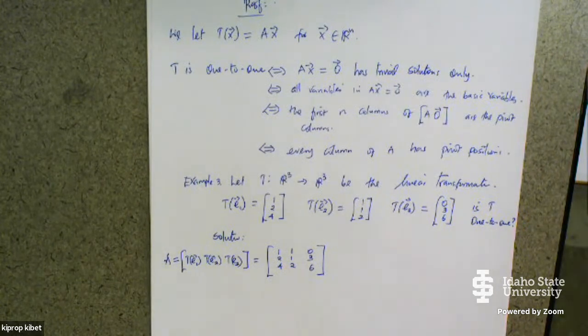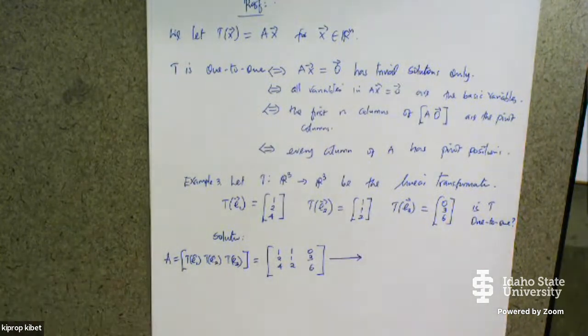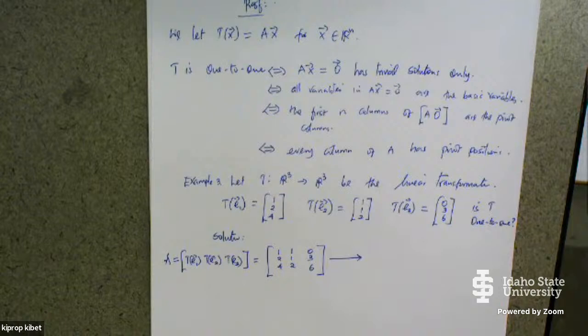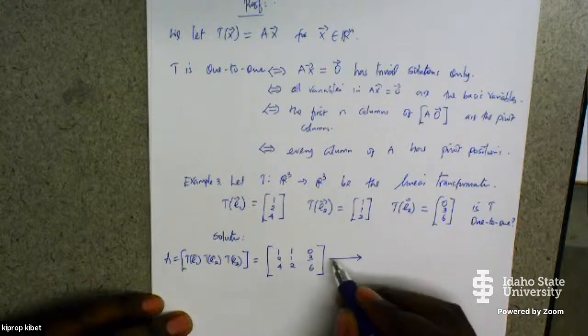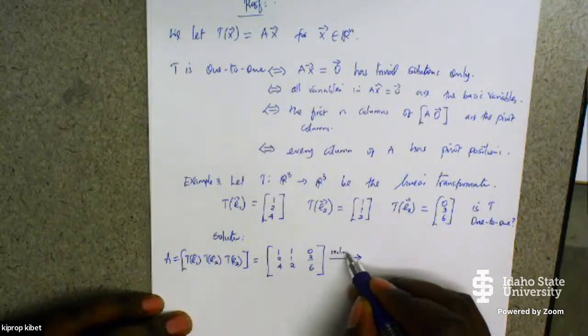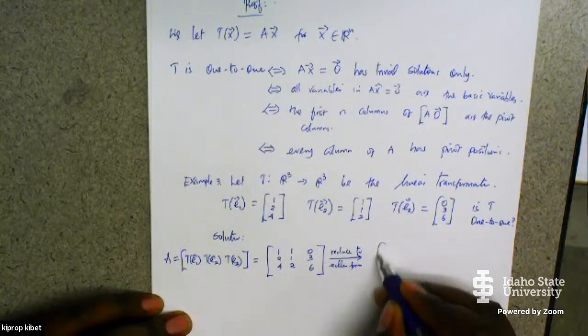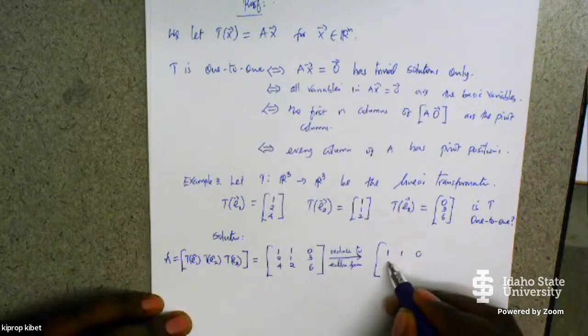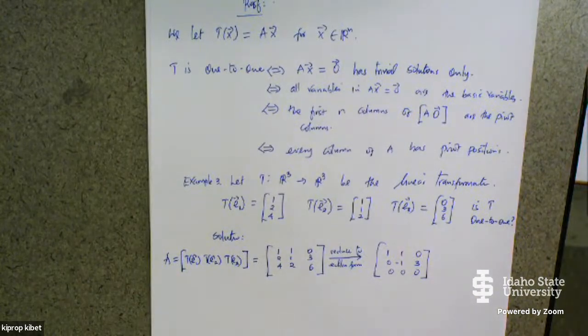And then we reduce this to see whether each of the columns will give us the pivot position. So when we reduce this to echelon form, what you get is 1, 1, 0, 0, negative 1, 3, and 0, 0, 3.